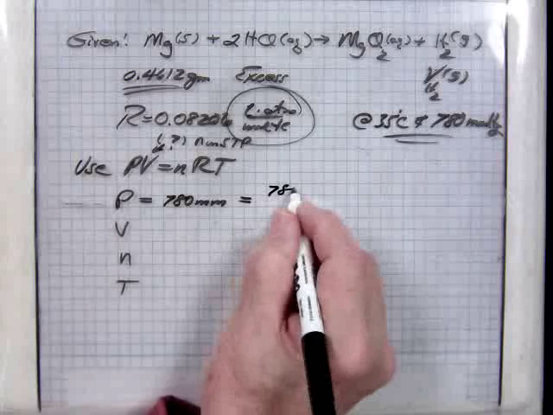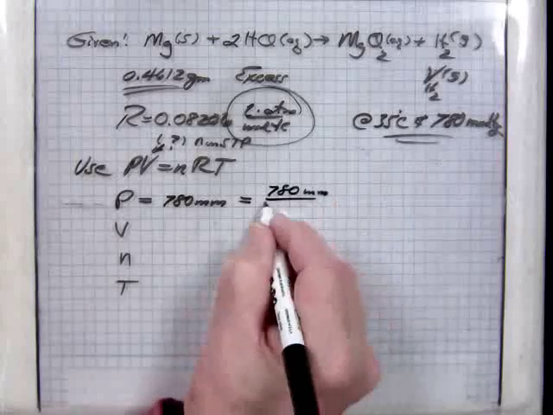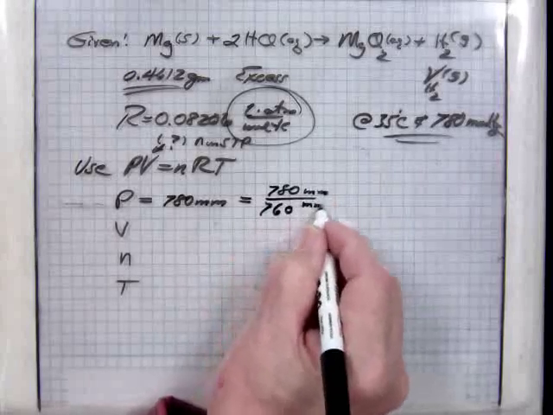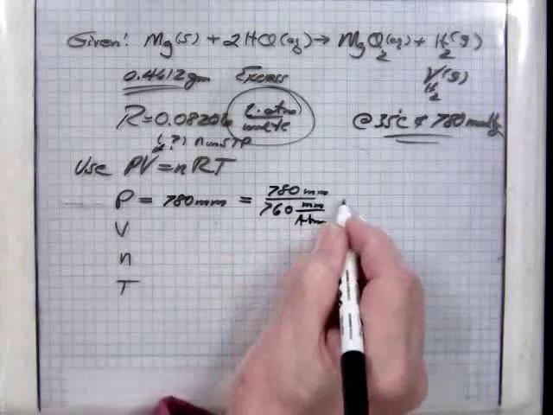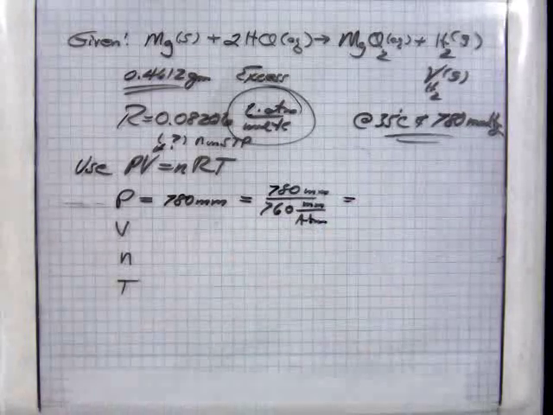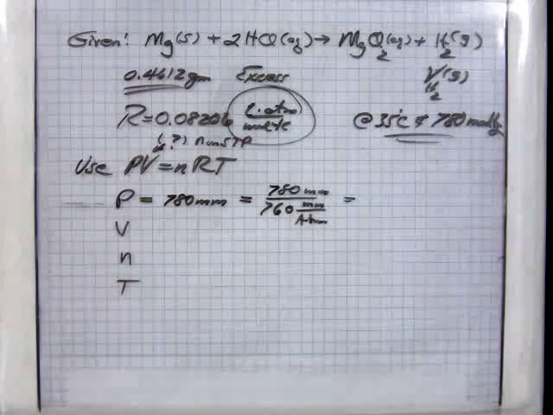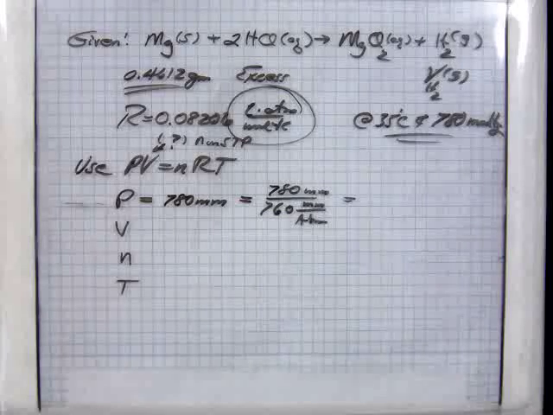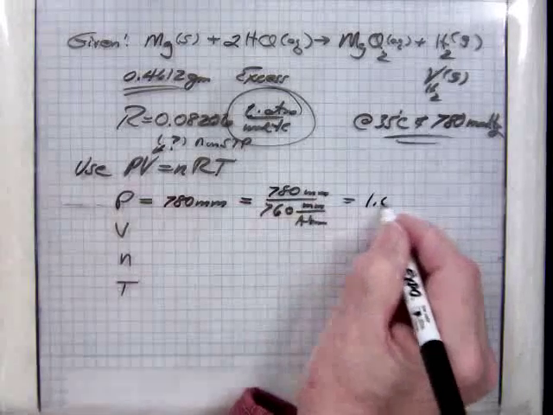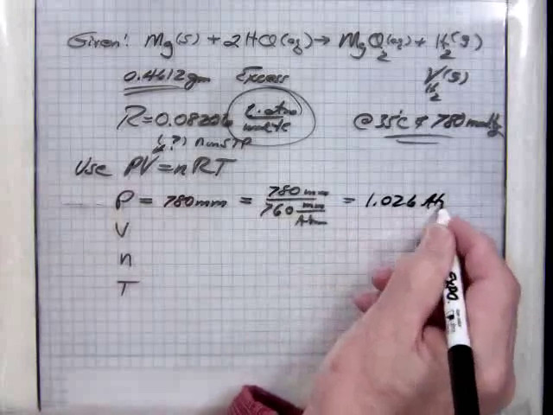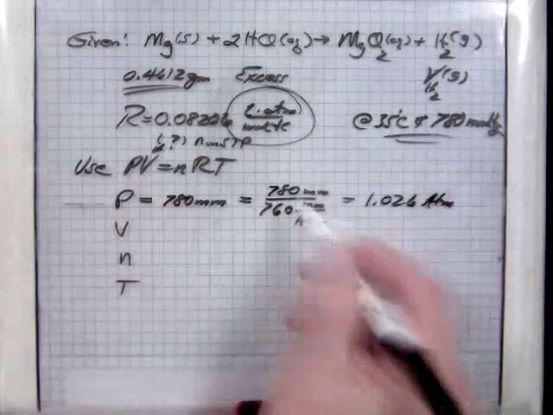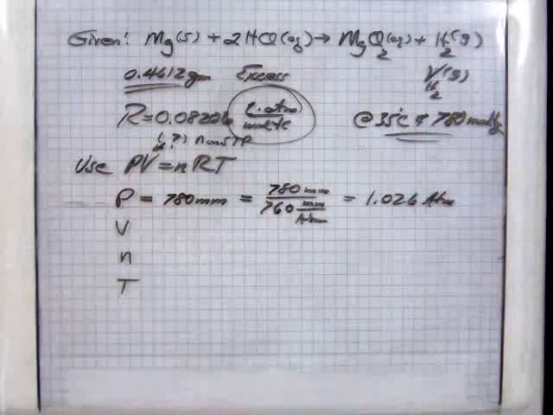So 780 millimeters divided by 760 millimeters per atmosphere, I have 1.026. Okay, that's the pressure.